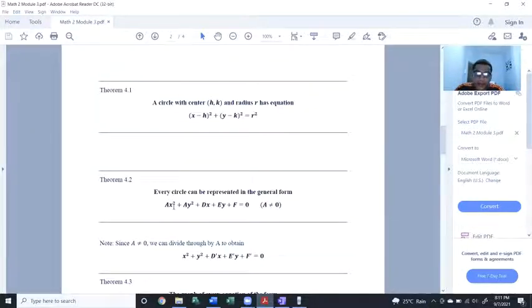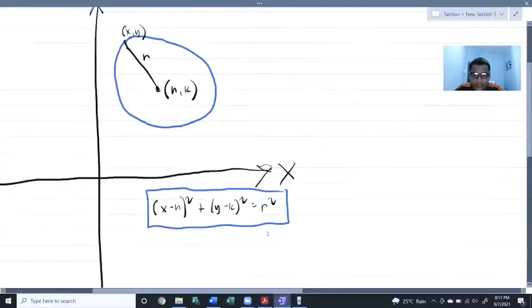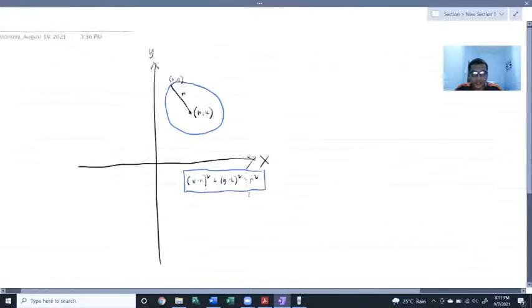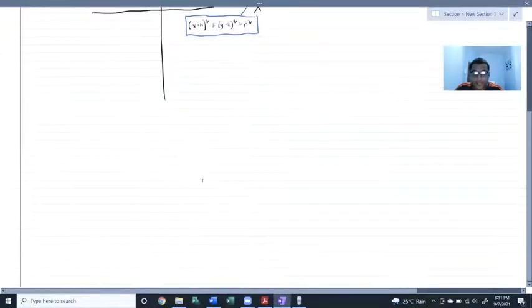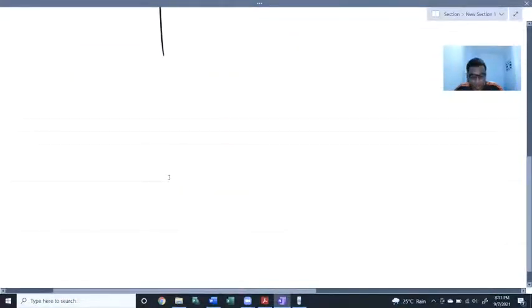Class, this is actually a special case of a conic section. A circle is a degenerate case or degenerate form of an ellipse, which is a conic section. So let's have an overview about the conic section, because in our next chapter we will discuss all about conic sections.